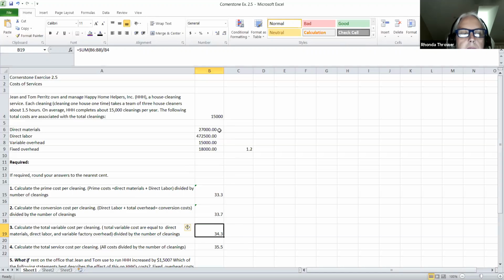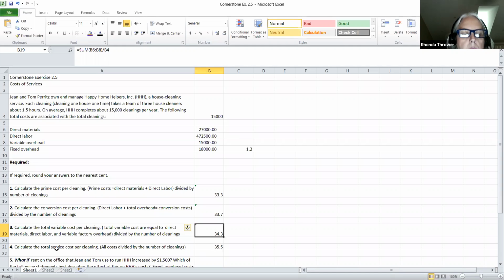Again, it's the sum of your materials, your labor, and your variable overhead, all of that combined together to get your total variable cost divided by 15,000, the number of cleanings that you have completed for this company.